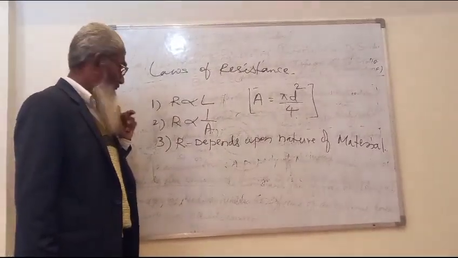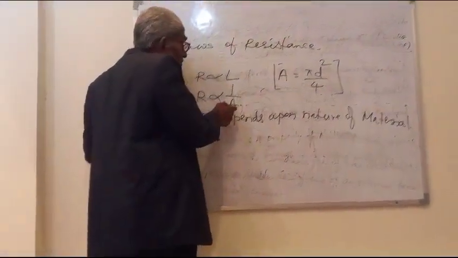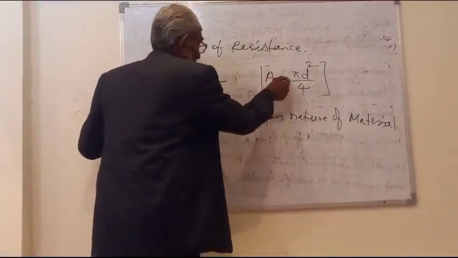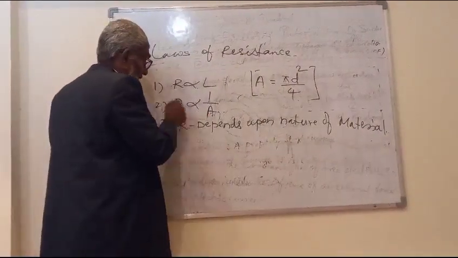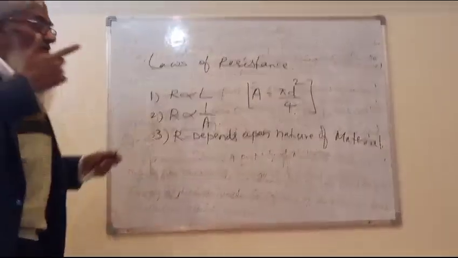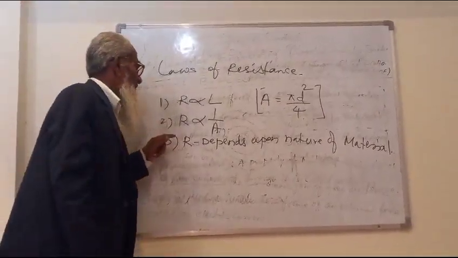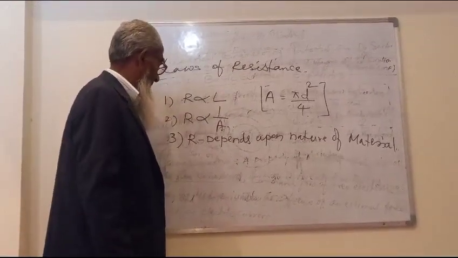Is it not? So if the area is decreasing, the meaning is diameter is decreasing. So in that case, wire will be very thin, so resistance will be very high. So I mean to say R is inversely proportional to area of cross section.